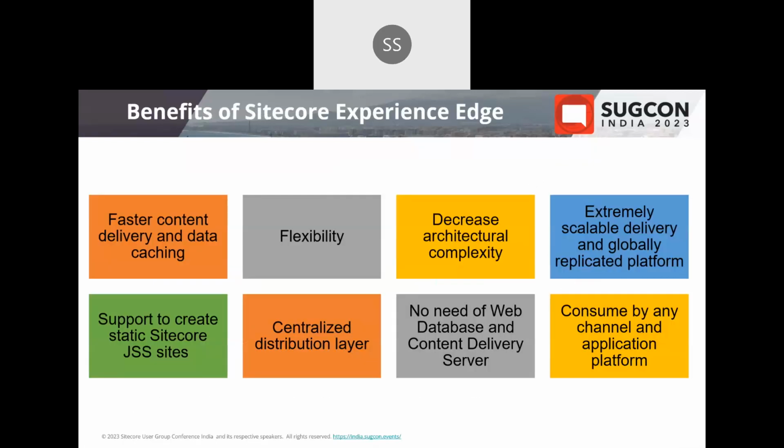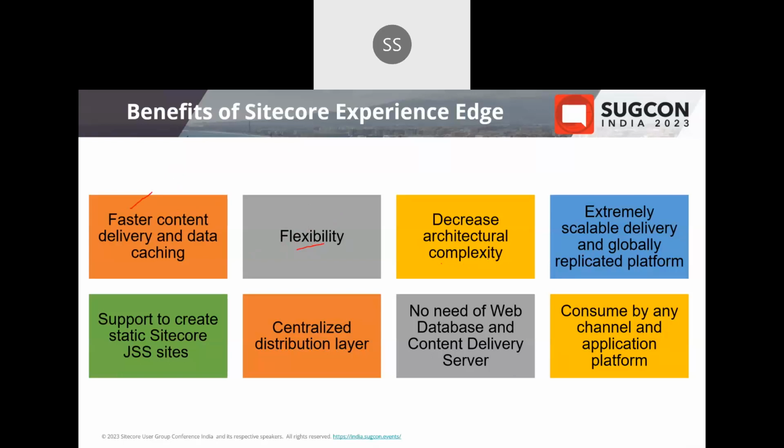Now there are lots of benefits that you will get with Experience Edge. For example, you will get faster delivery of your content because of the CDN. It's very flexible, it means you can bring any tech stack. For example, if you want to utilize it with the Java platform or maybe the .NET platform, you can use it because this is just an API.